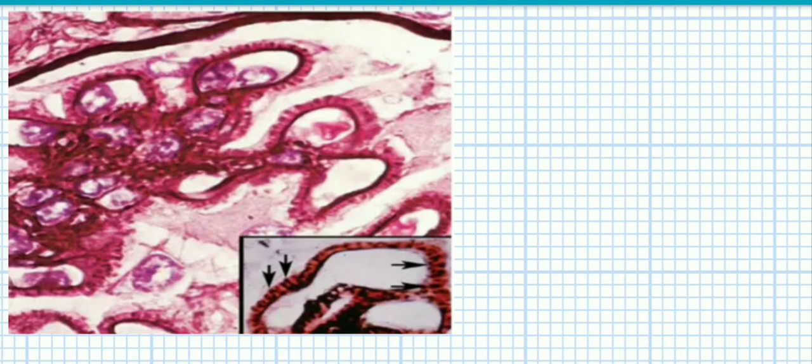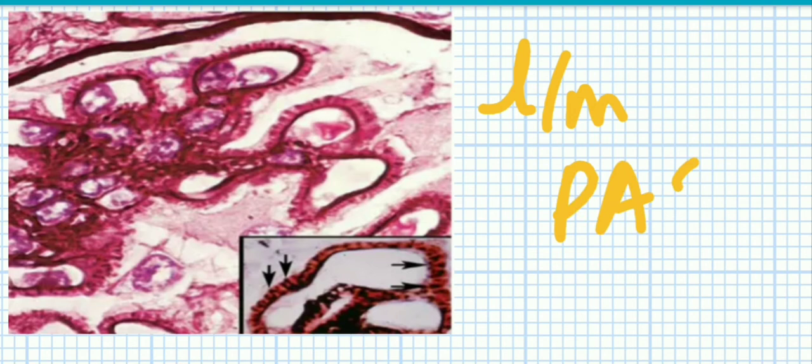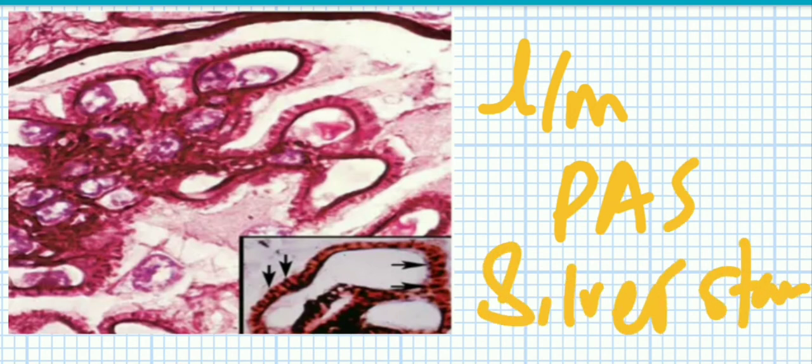When you do special stains like PAS or a silver stain, you can see the spike and dome appearance best. So here you can see in this picture.